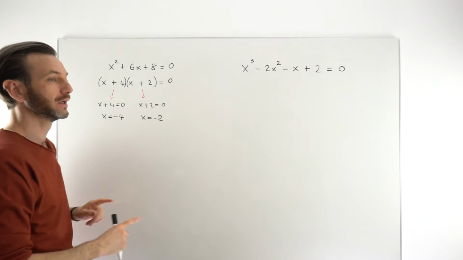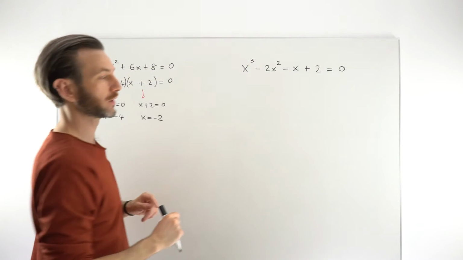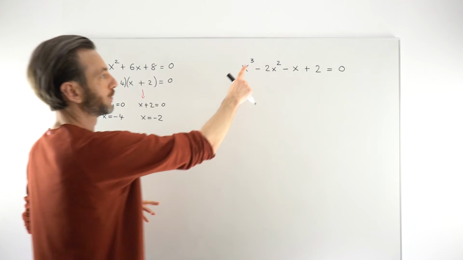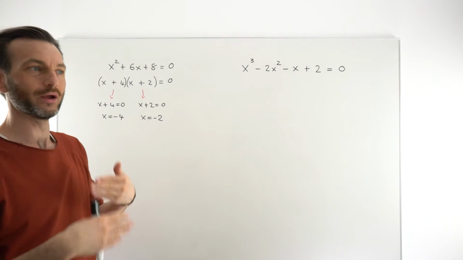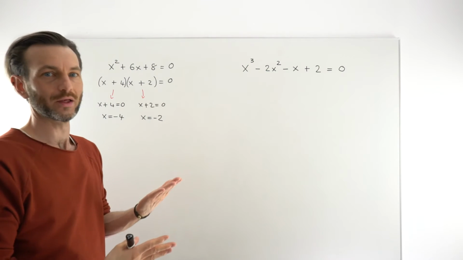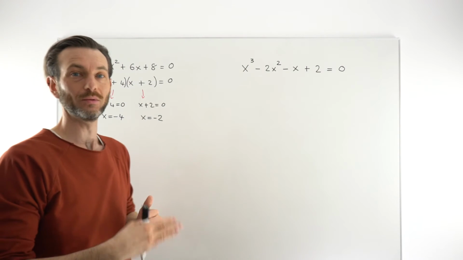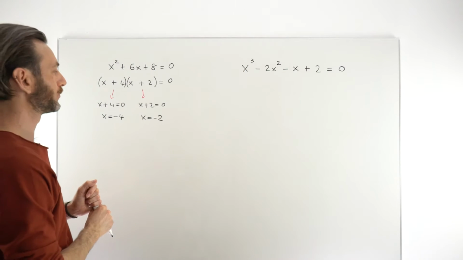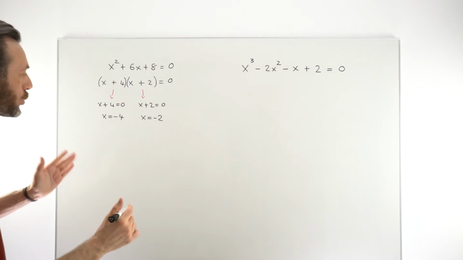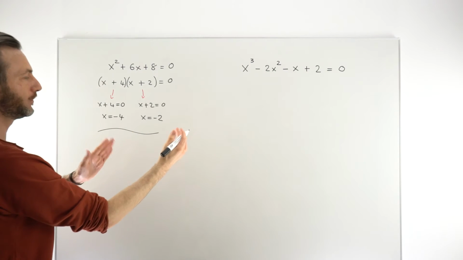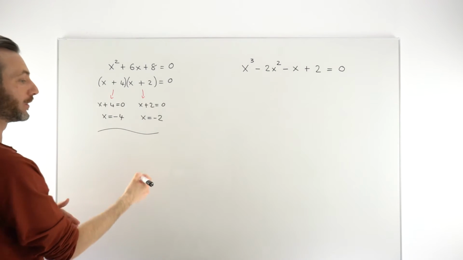Similarly, for a power of 3, which is a cubic, we can only have 3 solutions maximum. For a power of 4, which is a quartic, we can only have 4, and it carries on like that. So the highest power, which we call the order of the polynomial, dictates the most solutions we can get for the equation. But in general, you have a polynomial equal to 0, and we're going to solve that by factorising.